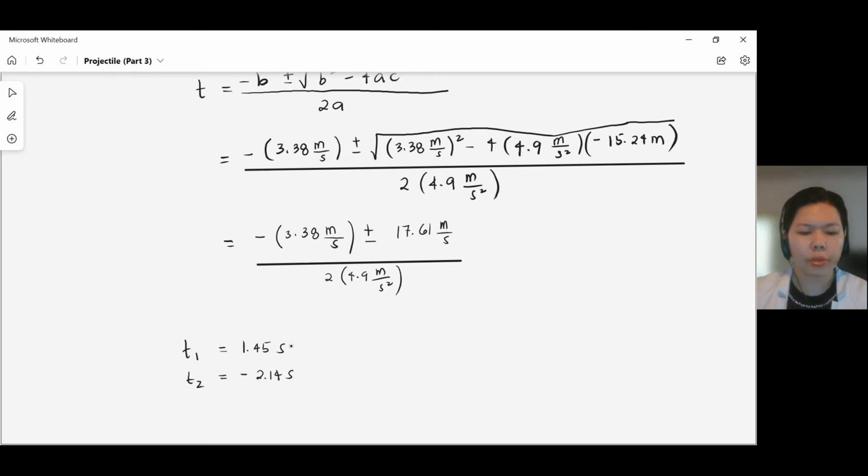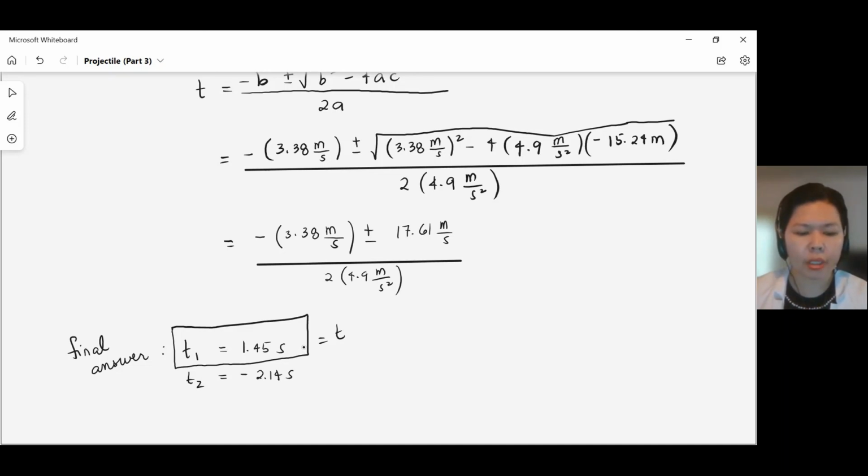So we are to choose the final answer between t1 and t2. Our answer is the positive. We choose the positive time t sub 1 as our final answer. We choose this positive t because time always moves forward.